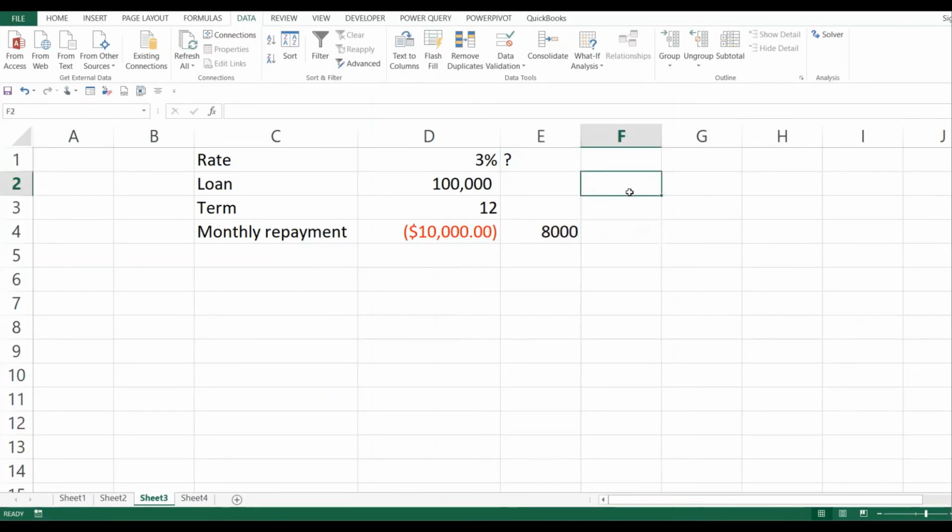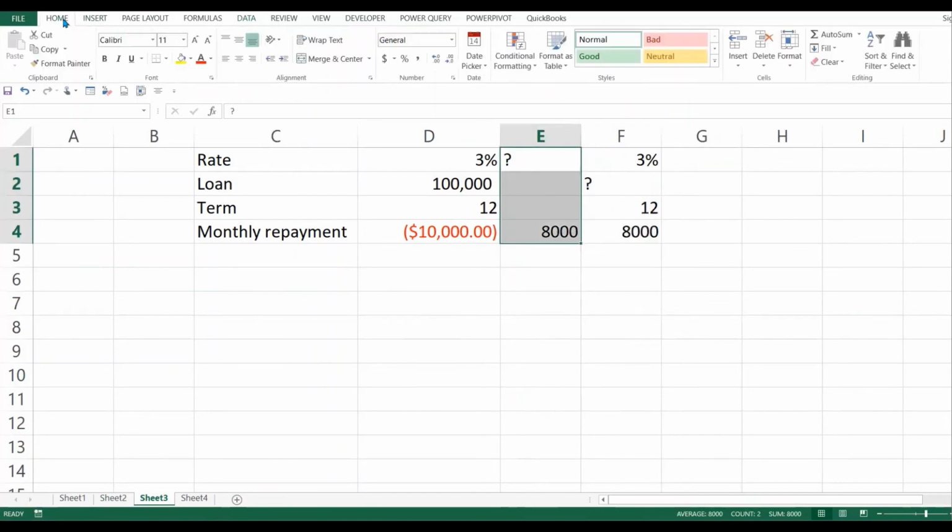The other scenario can be, the bank tells me, hello, we can't negotiate on the rate, it will always be 3%, and maybe we can't negotiate the months, but then what will the loan amount be if my monthly repayment is going to be 8? So these are two different scenarios which we can do to find out our result.